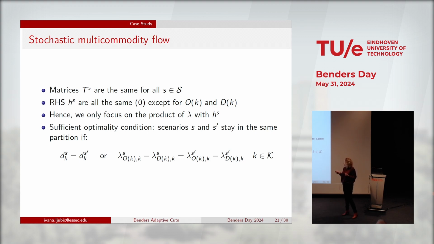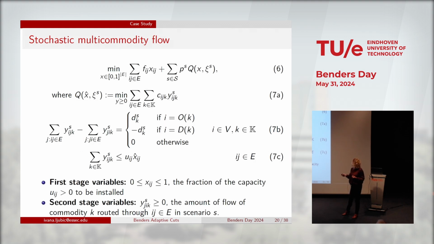So this is, again, a special case. And these right-hand sides are all the same also, except for the origin and the destination. So this is our transportation matrix and this is the right-hand side. And here the transportation matrix, and the right-hand side that depends on x, right? And so this is the h vector. These are all the same.